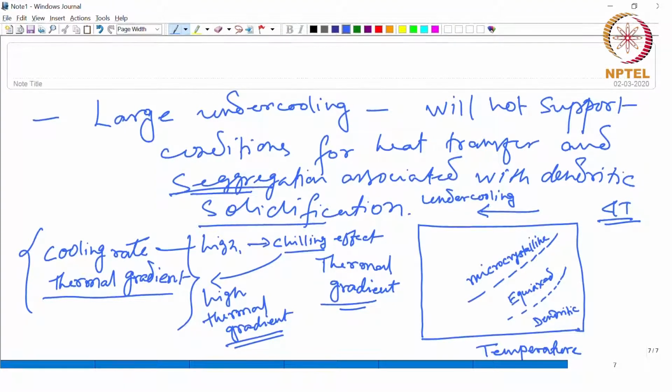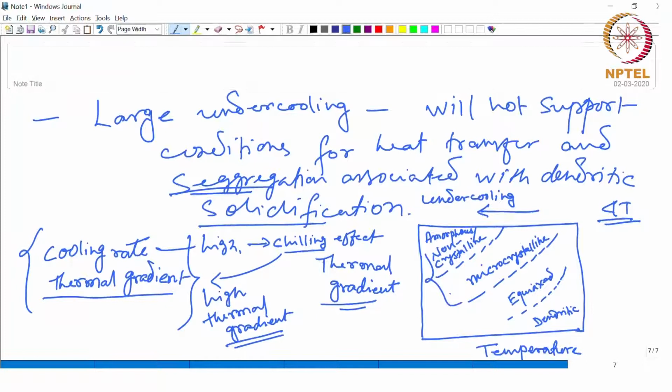You can also call it microcrystalline, because these crystals are very small in size, which can only be seen under a microscope, or whether it is going to be a non-crystalline material, which is also known as amorphous materials. Okay.